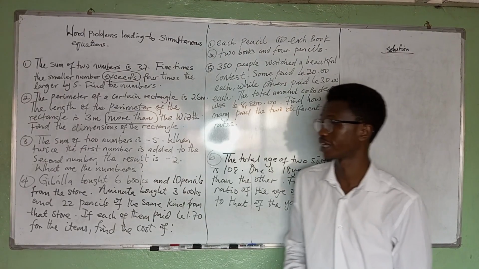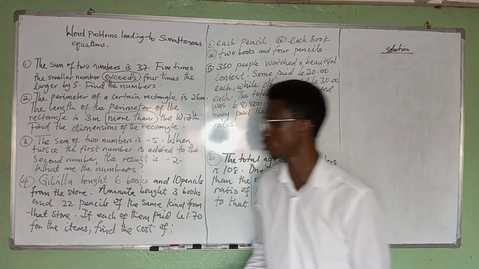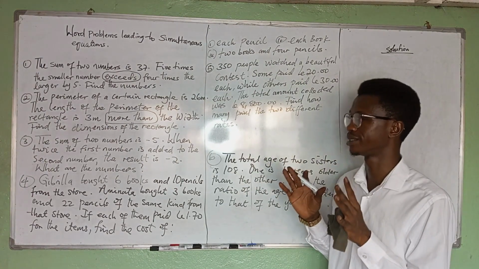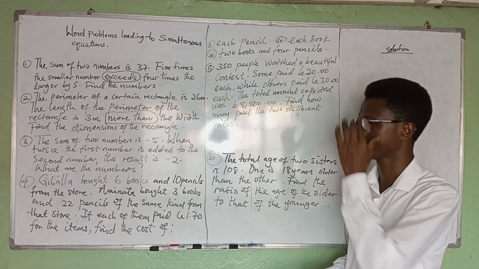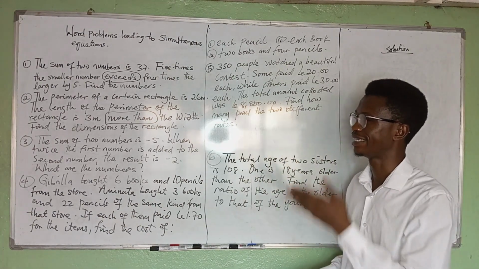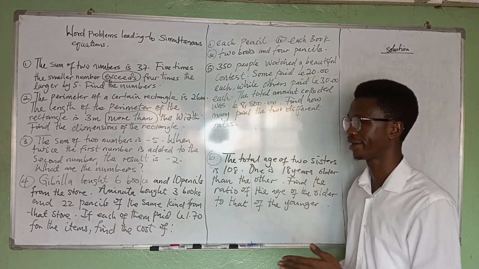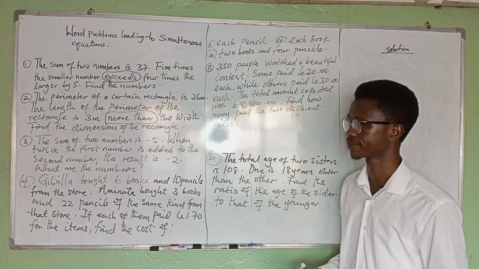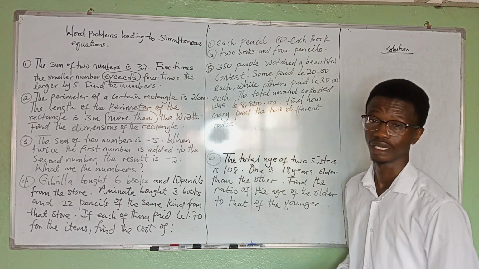Okay, so let's look at the third question, number 3. It says the sum of two numbers is minus 5. When twice the first number is added to the second number, the result is minus 2. What are the numbers? We don't know the numbers.